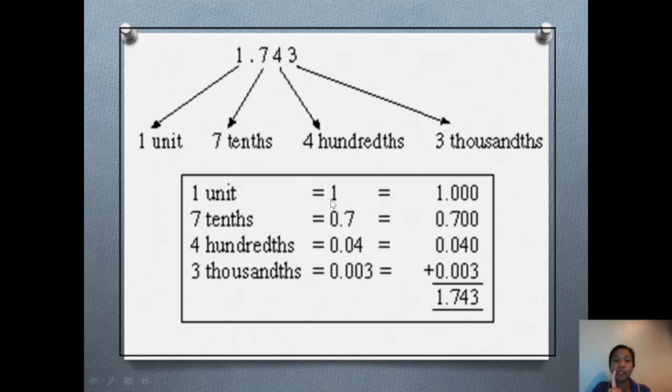The digit value is 1. Again, this column is about the digit values of each number. Now the 7 here, after the decimal point, the place value is tenths. So the digit value is 0.7. Understand?